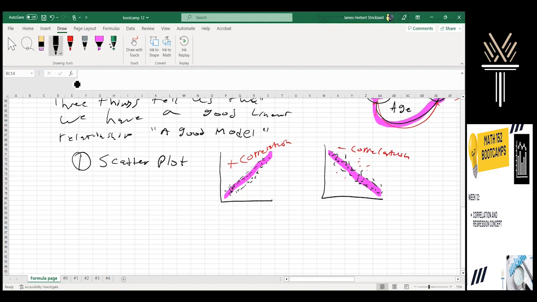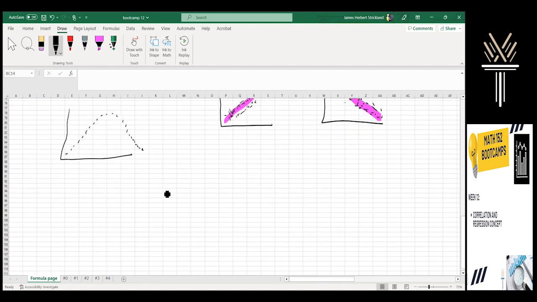What is bad in terms of a scatter plot, what would be a red flag, is if we saw patterns that were not linear. So if you saw a rainbow, that's bad. If we saw a wave, these are all signs that they're probably not linear relationships. And then the third one is if there's no relationship at all.